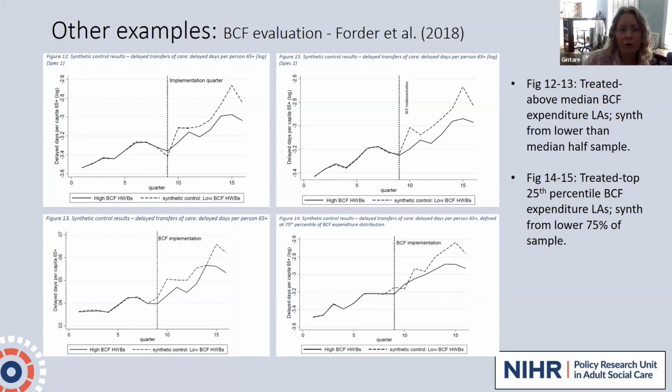One of them, shown on the left-hand side graphs, is when the top half of BCF funding receiving local authorities are treated as treated units, and the bottom half of the local authorities receiving BCF funding are considered to be not treated units. And then seeing the difference between the two.